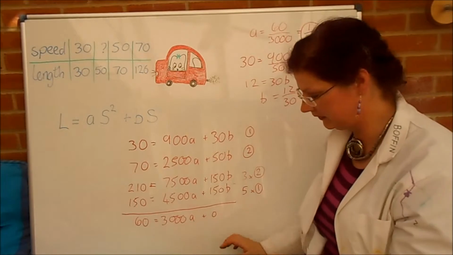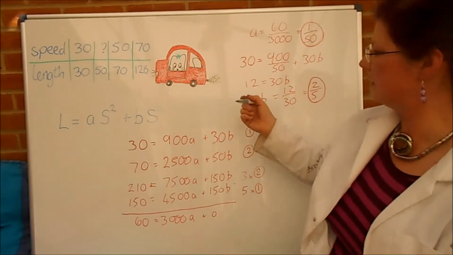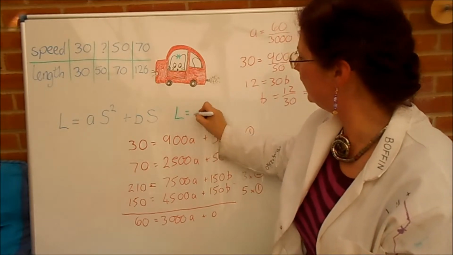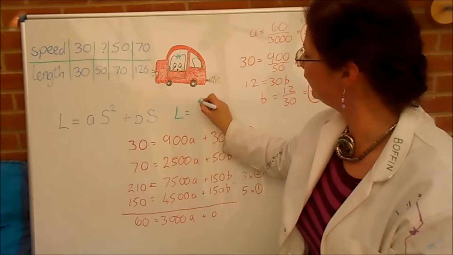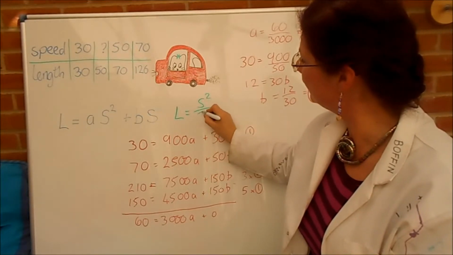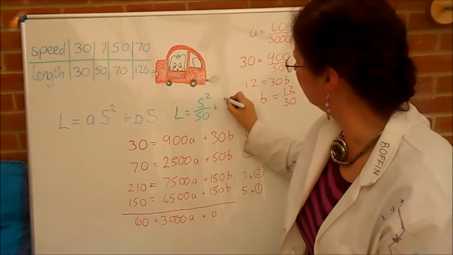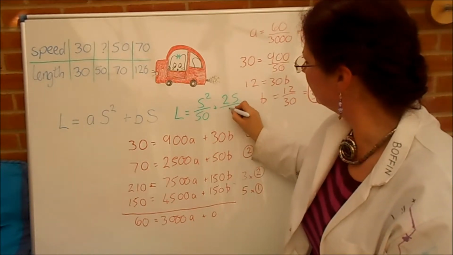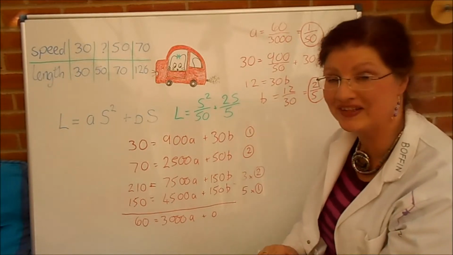Okay, and that gives you your final equation, which should look like this. We've got L equals A, which is 1/50th, so that's s squared over 50, plus B, which is 2/5, so 2s over 5. There's our final equation. You can put those as decimals if you want.